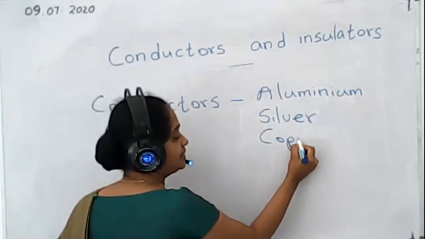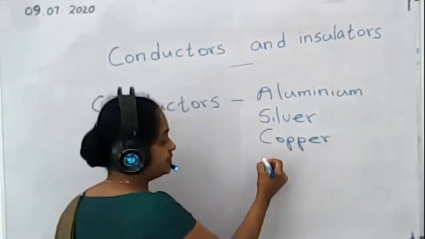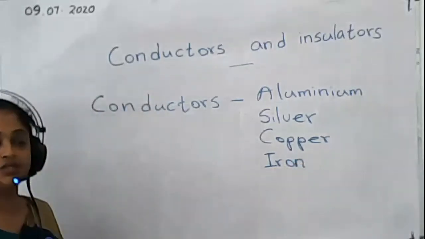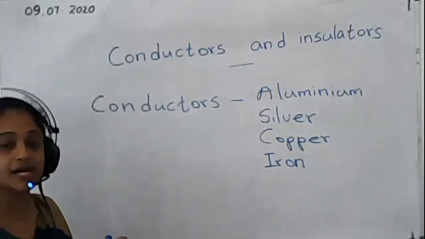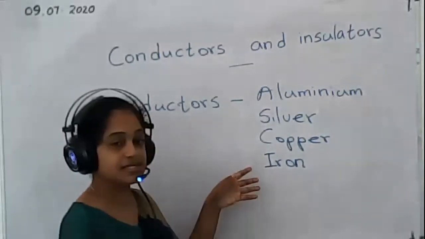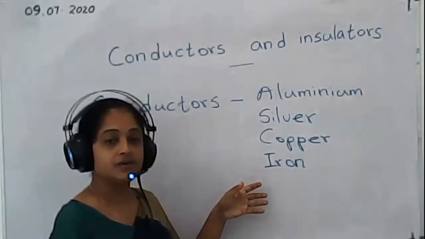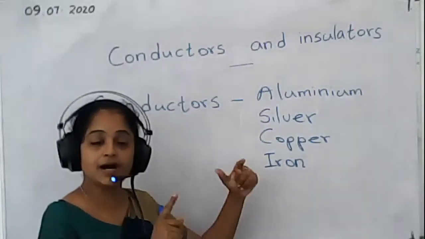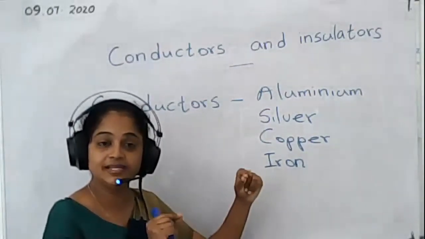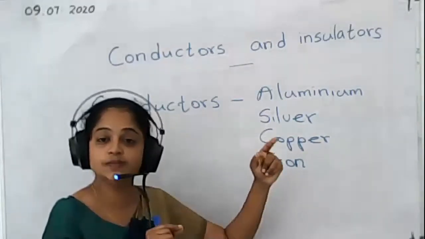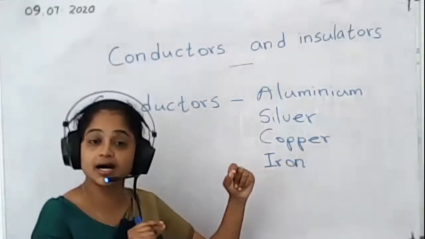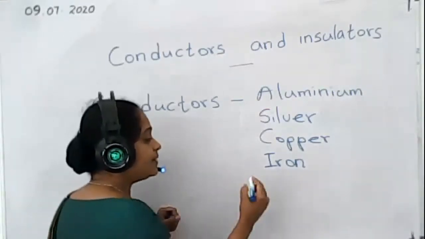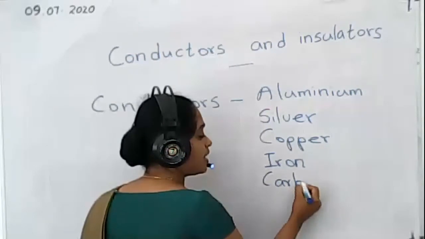All are metals. Not only metals, there are some non-metals also that are conductors of electricity. Carbon rod. It conducts electricity. When we keep the carbon rod between A and B, you can see the illumination of the bulb. That means the carbon rod can conduct electricity. Carbon rod.